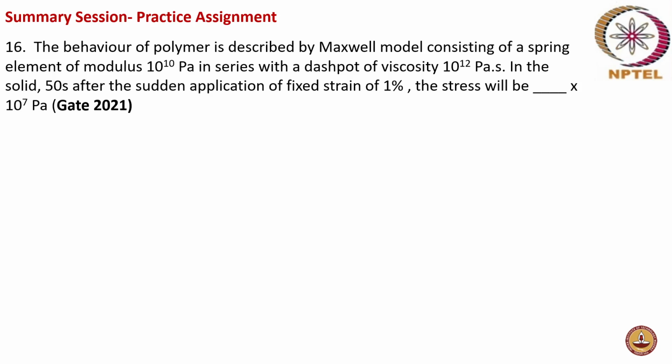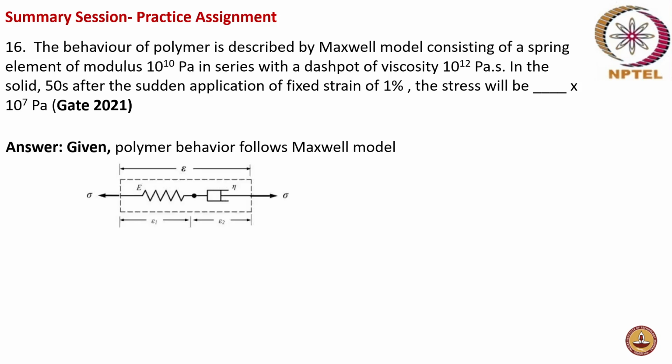A fixed strain is applied means what type of process is it? Stress relaxation. Yes, very good. So the given polymer behavior follows the Maxwell model, with the spring and dashpot in series.